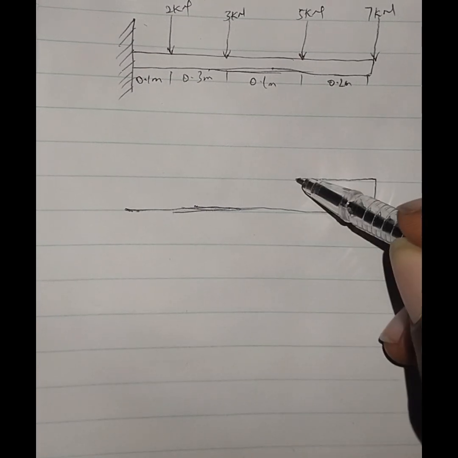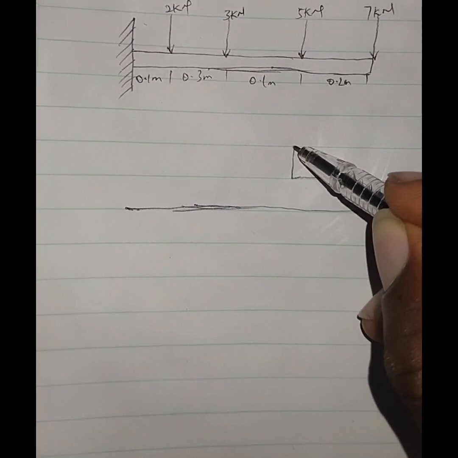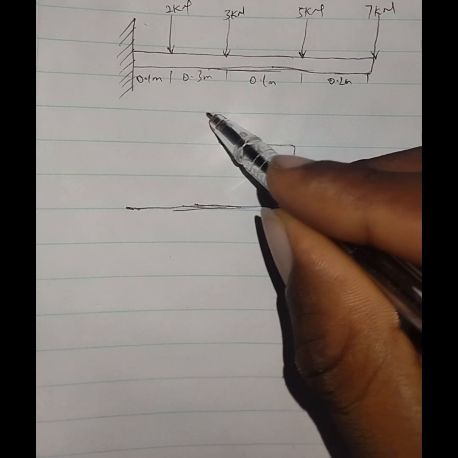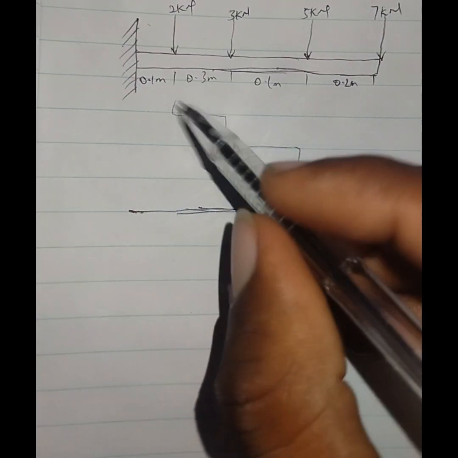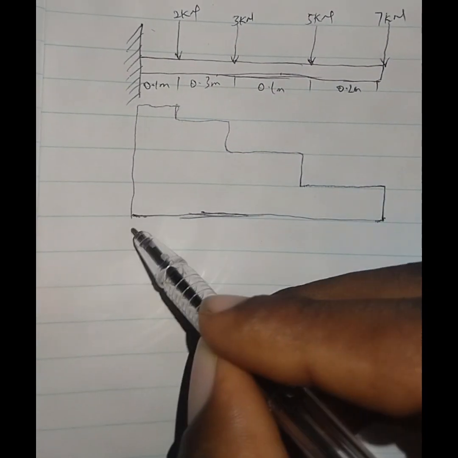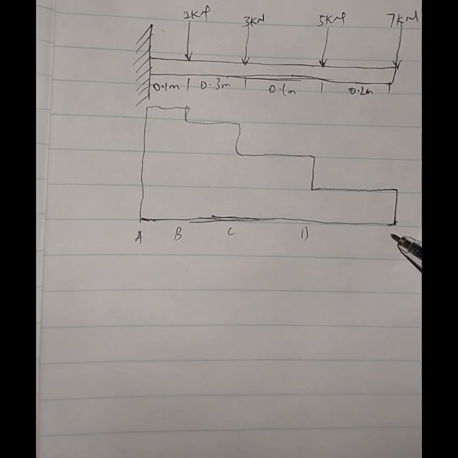The next one is 12. So 12 is higher than 7. Then 15 and 17, a straight line. These are your A, your B, your C, your D.